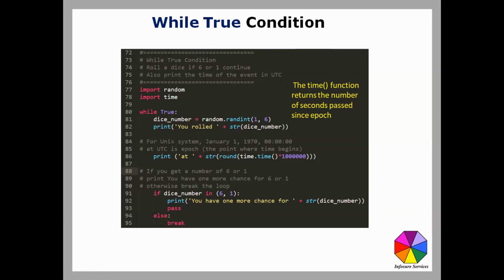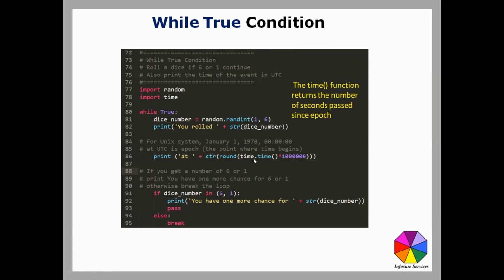But in modern computers, there is no such thing, right? So they took this epoch as UTC. So epoch is actually universal time constant. From epoch, this time.time is going to tell how many seconds passed from there, and it's still an integer number.